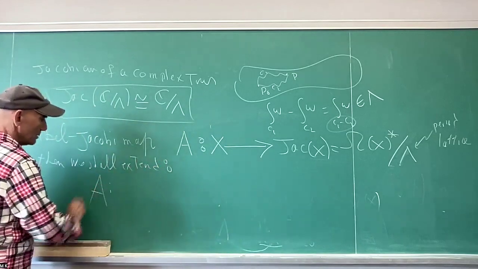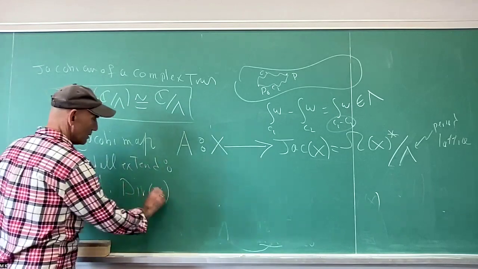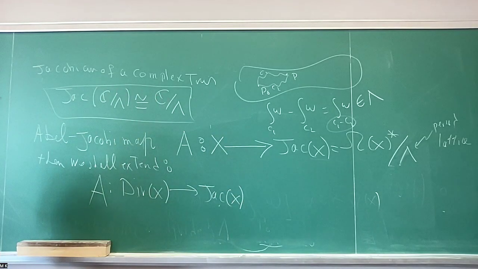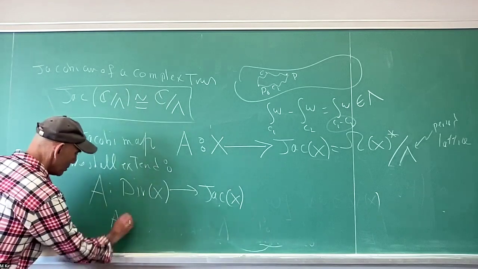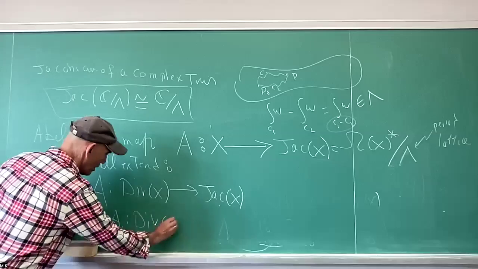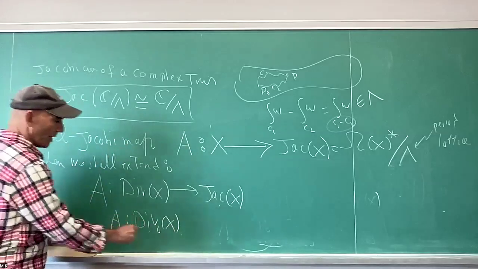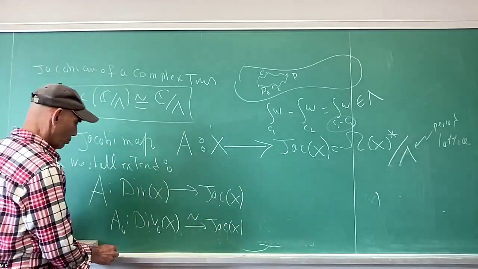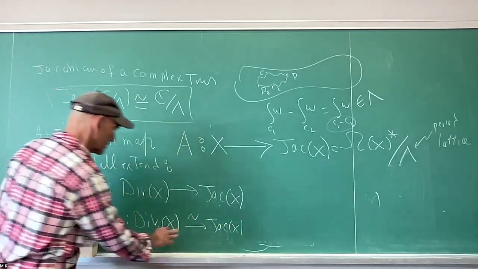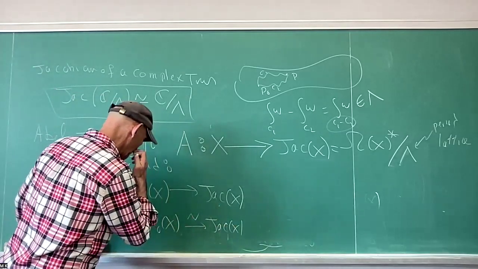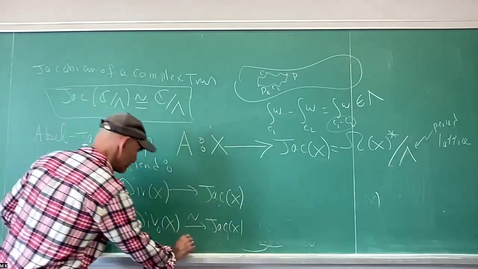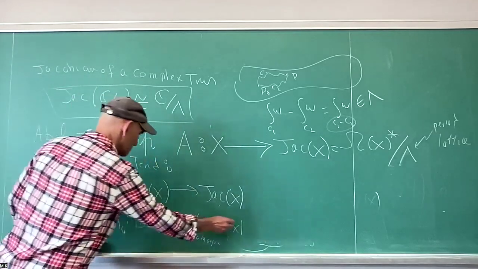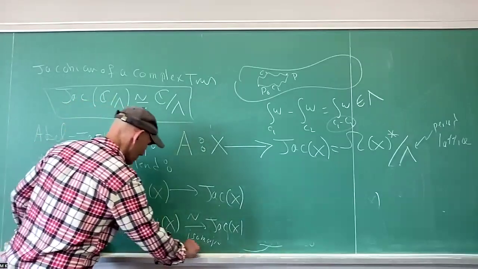I still call it A, from divisors on X to the Jacobian of X. Then we will prove that A0, if you restrict it to zero-degree divisors, to the Jacobian of X, is actually an isomorphism.